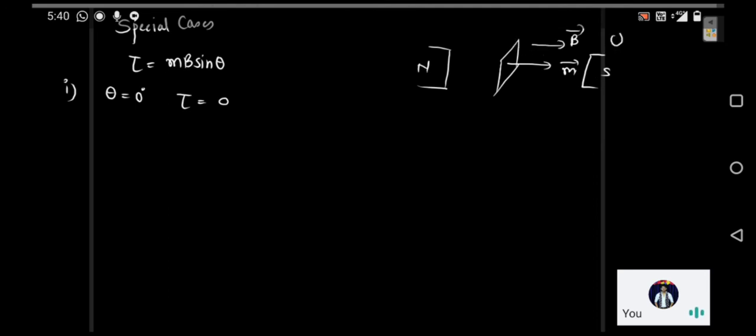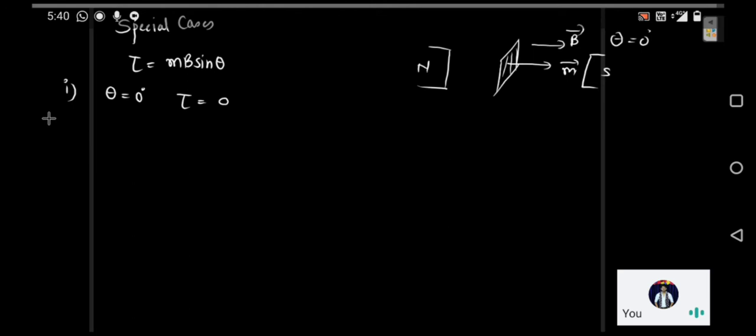That is when theta will be equal to 0, or your plane should be perpendicular to the magnetic field. So you can say either the plane is perpendicular to the magnetic field, or the magnetic dipole moment is parallel to the magnetic field. That is when theta will be equal to 0.